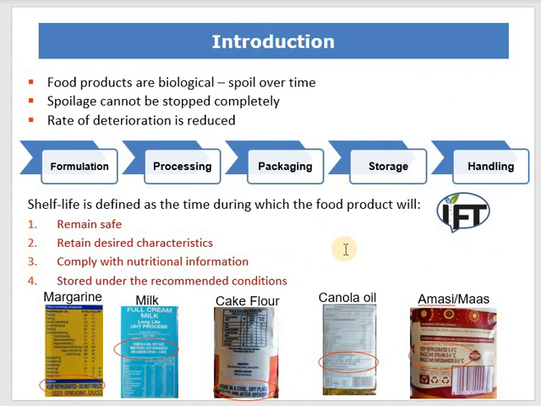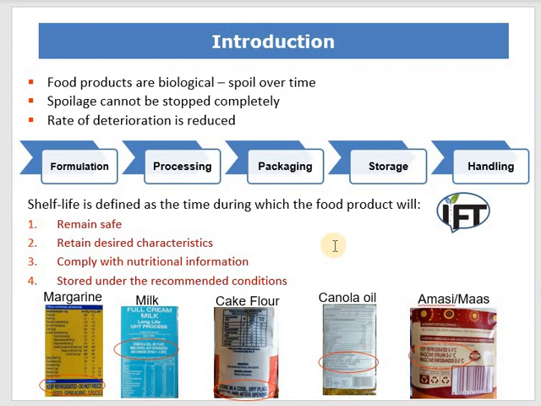So shelf life is determined as the time during which the food product will remain safe, so that when somebody consumes that product, they're not going to get sick or be intoxicated. And at the same time, the product retains all its desired characteristics.